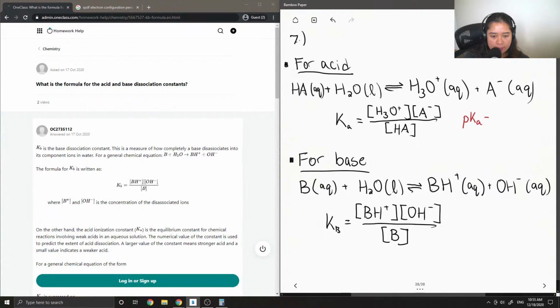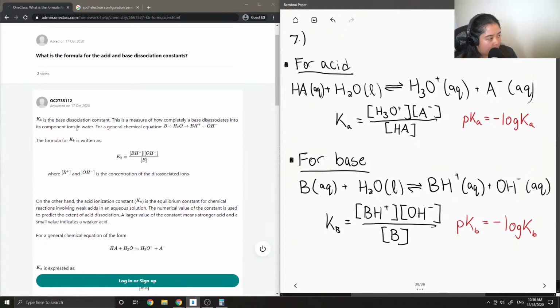So pKa is equal to the negative log of our Ka value, and the pKb is equal to the negative log of our Kb value. Okay, so let's see what the junior tutor said.